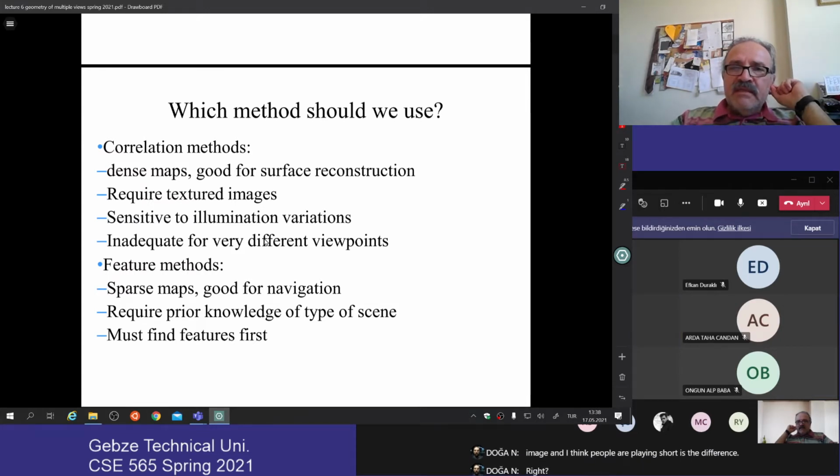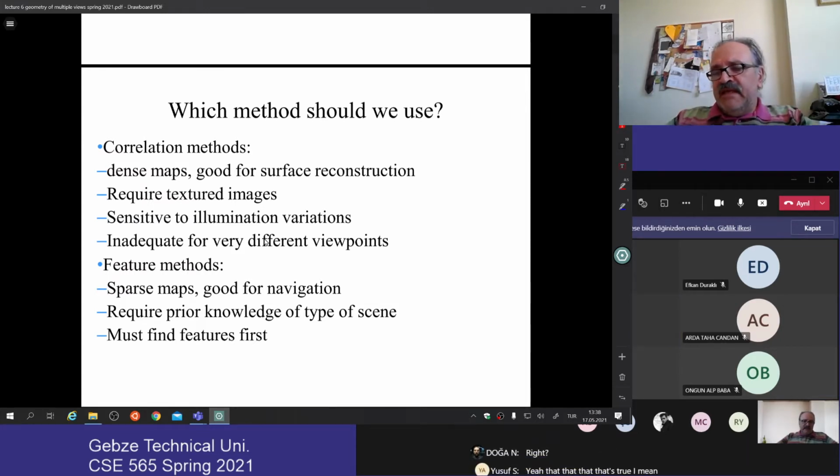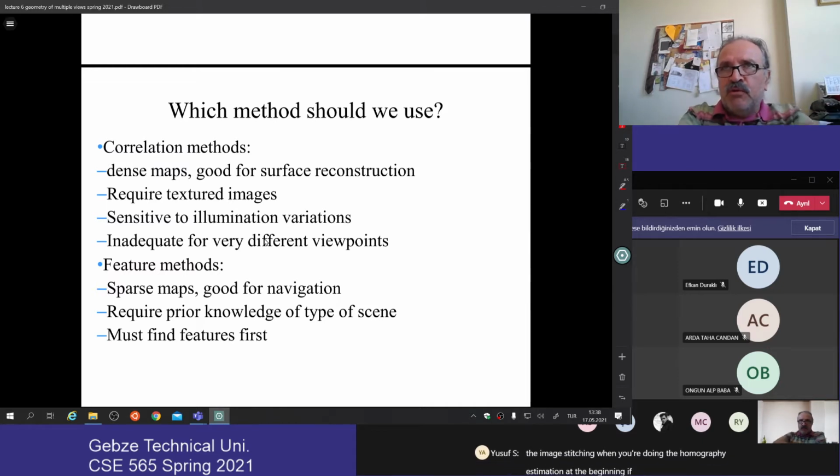Yeah, that's true. When you are doing the image stitching, when you are doing the homography estimation, at the beginning, if you have the epipolar constraint between these two images, that is, if you have the fundamental matrix defined on your pair of images, then of course you should use the epipolar constraint in searching the correspondences.